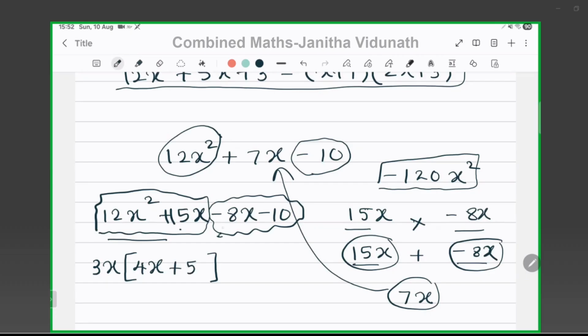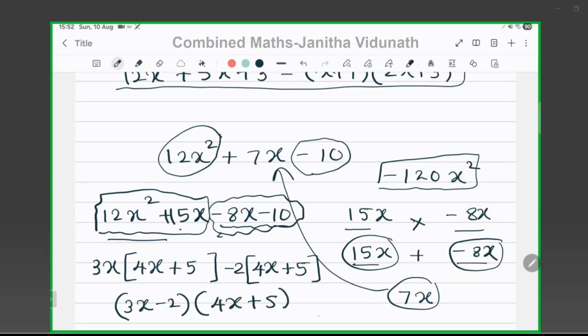When we consider these two terms, we can see that minus 2 is the common term for both. Then 4x remains here and plus 5 remains here. Then we observe that we get 3x minus 2 as one factor and 4x plus 5 as the other factor.